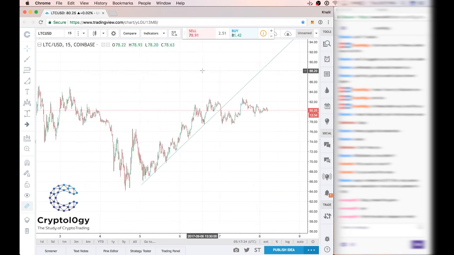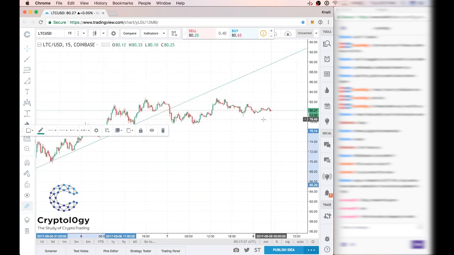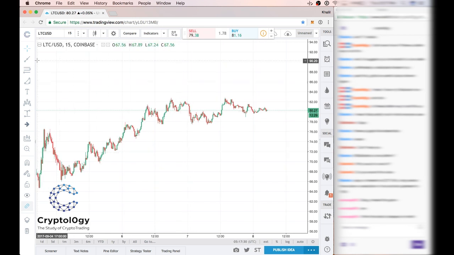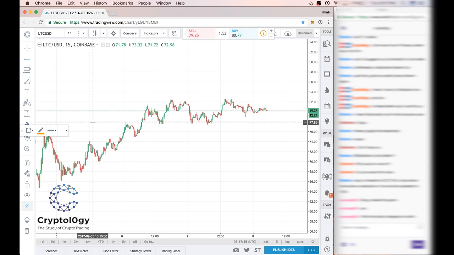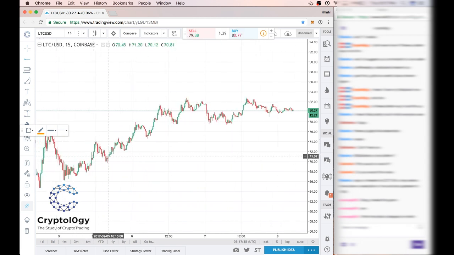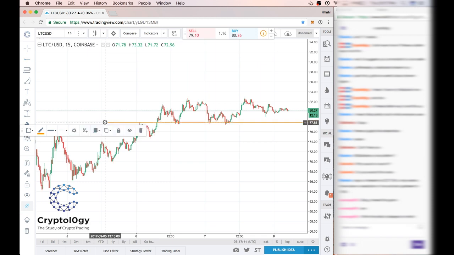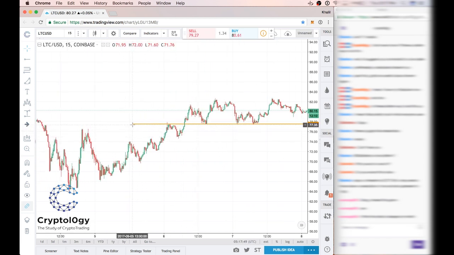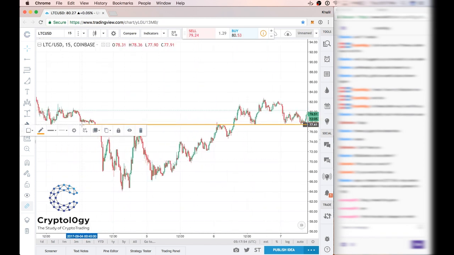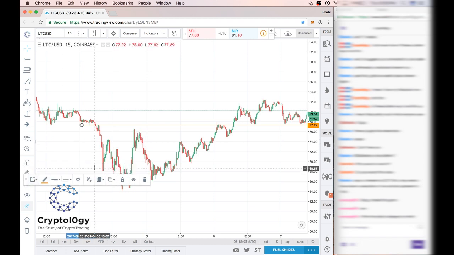Let's see if we can draw some support lines. For support and resistance lines, I use the horizontal ray. So you can see right here, it doesn't have to be exact, but you can tell. Right here it's been resistance.